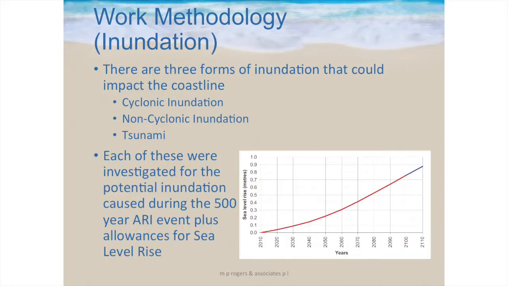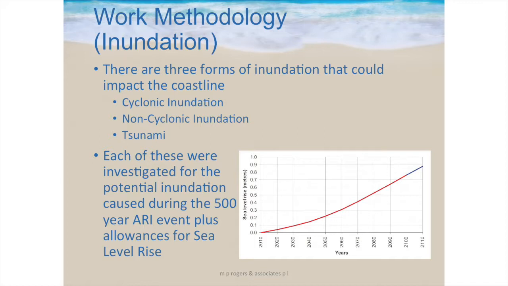In terms of inundation, very, very briefly, there's three different types of inundation that we need to consider. So we consider in Geraldton, cyclone inundation, because Geraldton is affected by cyclones. We consider non-cyclonic inundation, so the storm surge that occurs as a result of south coast storm systems, so cold fronts and the like coming through Geraldton. And we also consider tsunamis.